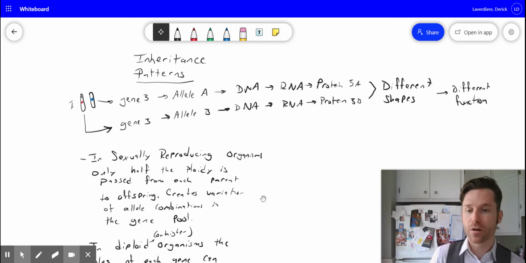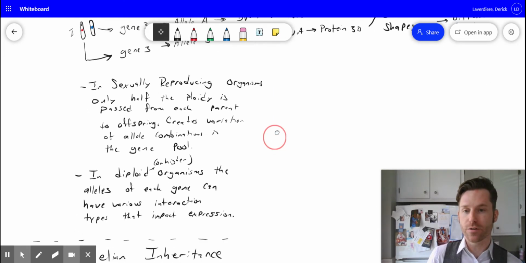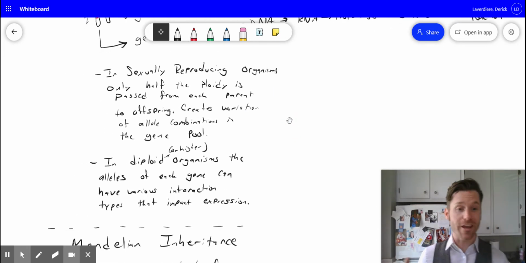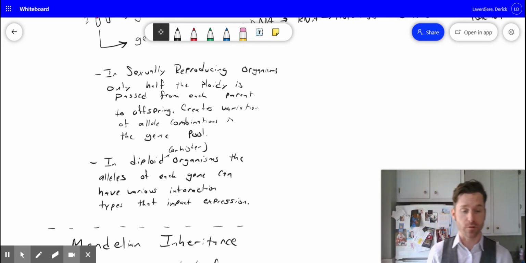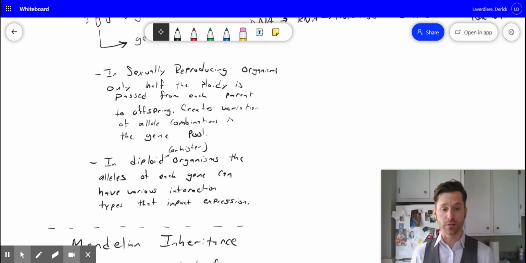So in sexually reproducing organisms, only half of the ploidy is passed from the parent to the child. As diploid organisms, when I make a baby, I give it one haploid amount of information because I'm a diploid.